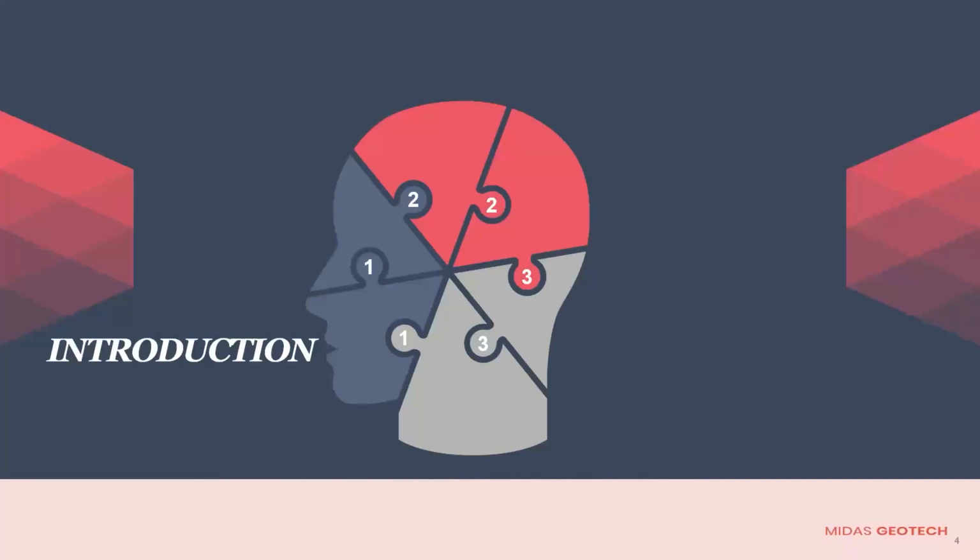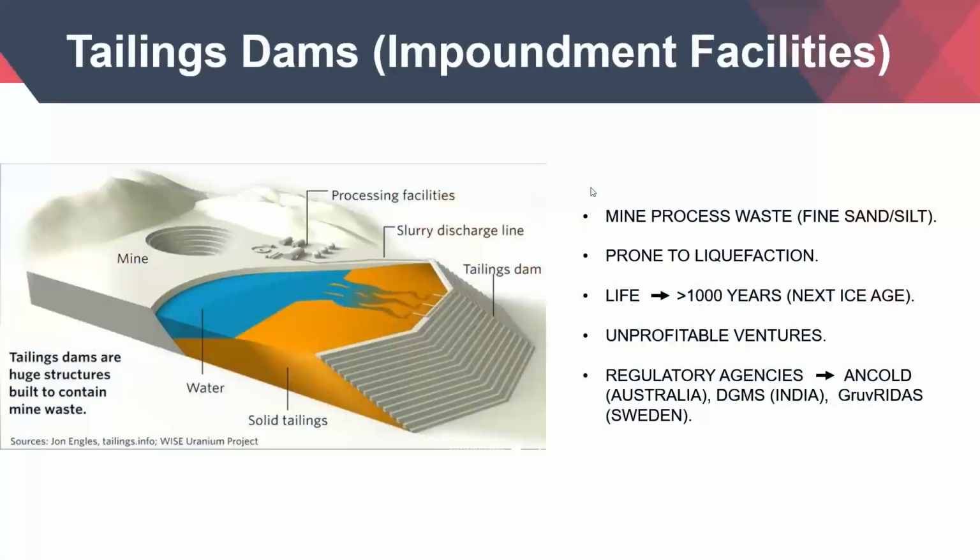So what is a tailings dam, or what does it look like? Some of you might be new to this section. That is why we have decided to give you a brief intro about these tailings or mine waste storage facilities. Tailings dams or tailings impoundment facilities can be seen on the left side of the picture.